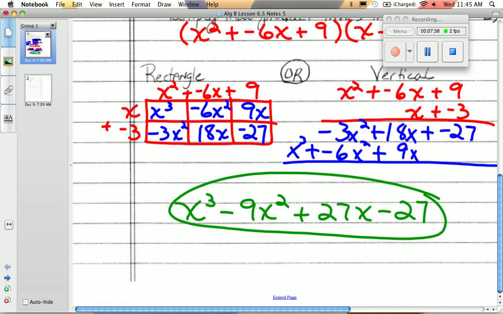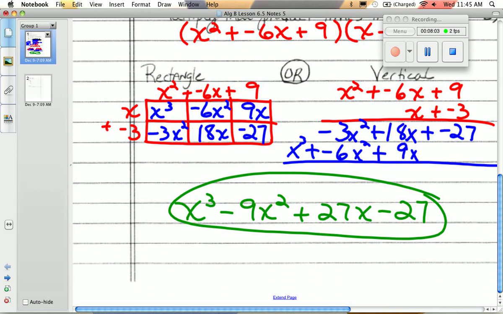Okay, so did you do the rectangle, Jesse? Yeah. Okay, do your rectangle products agree with mine? On my rectangle, the 3 was a positive, and it should have been a negative.